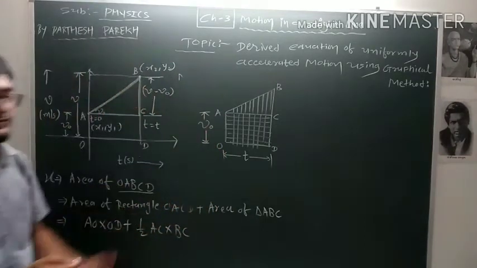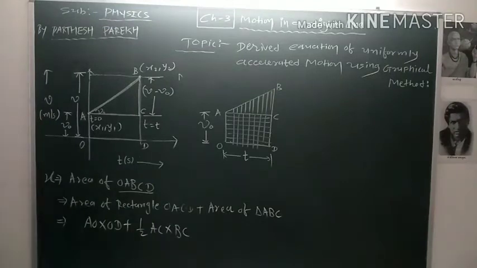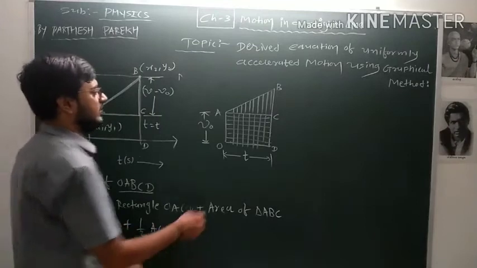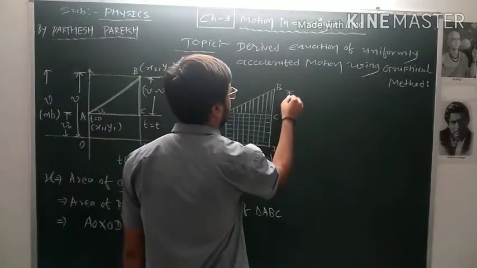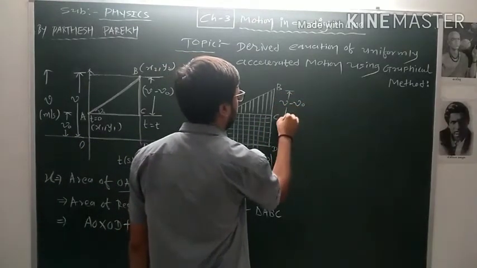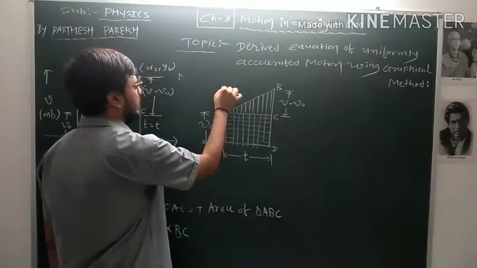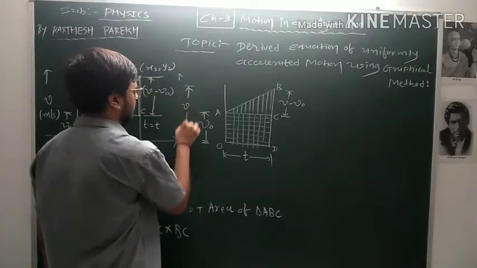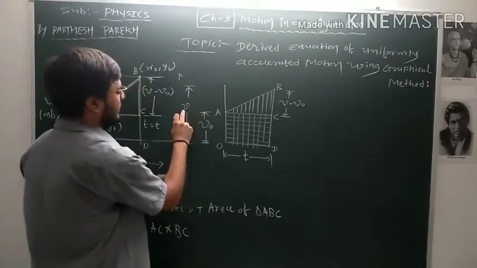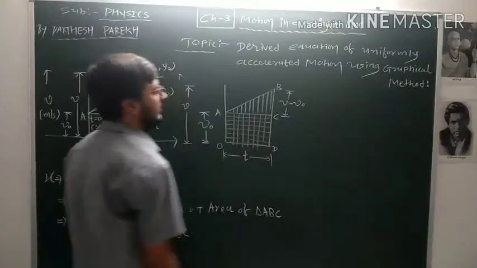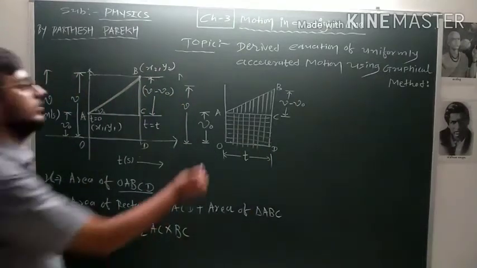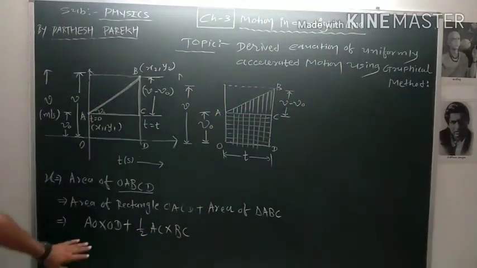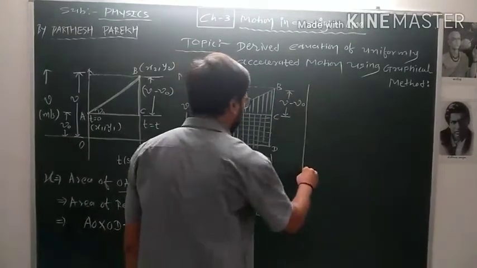We already defined that. Then AC is also t, and BC is nothing but v minus v naught, because the total height is v, so v minus these two gives v minus v naught. So we put the values in this equation.